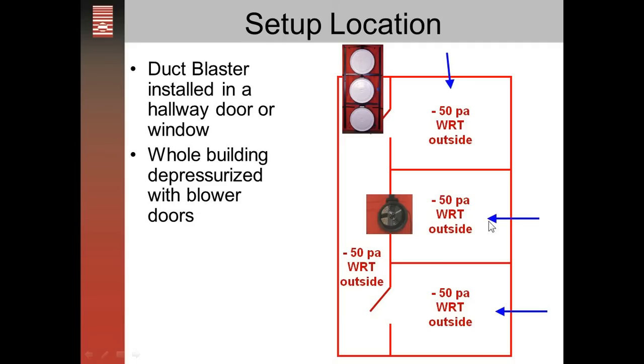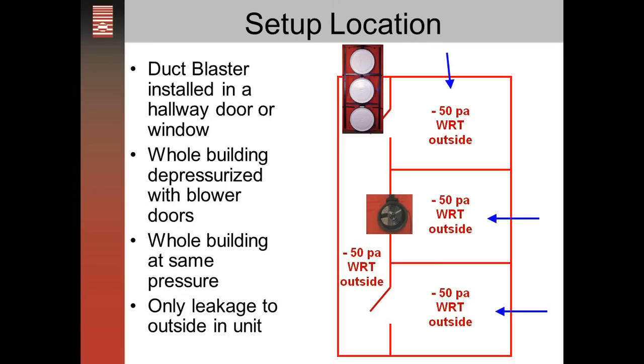So you could compare upper units to middle units to lower units and get a better idea, corner units to interior units, and you could use that for diagnostic purposes. Whole building at the same pressure, only leakage to the outside would be measured through that fan set up in the hallway door.